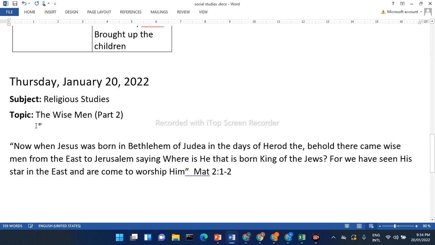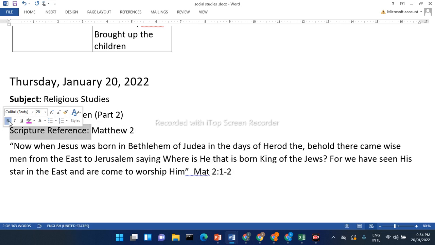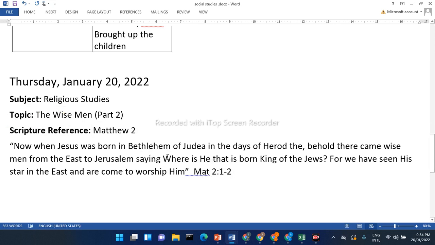And this entire scripture reference that we're going to be considering, you can find it in Matthew chapter 2 itself. So this is a good place to start with this context.